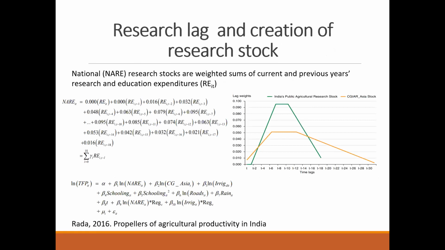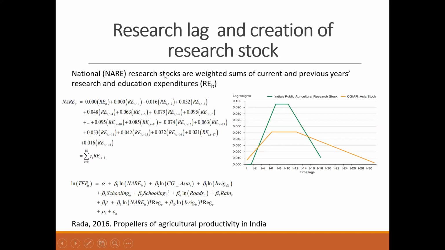This is a study by Nicholas Rada, who has measured the impact of research on TFP in his paper on agricultural productivity in India. He has measured the research lag in expenditure, like national research.